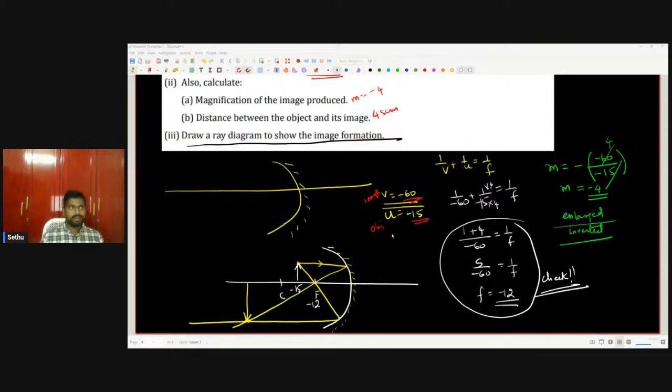I'm assuming that this part is also clear. Most of you have given right answers. Very good. So once again, remember the key ideas. U, V, F are all to be treated like coordinates. You need not write it explicitly in the paper that they are coordinates, but think of them as coordinates so that you don't mess up the plus minus sign. I'm using a simple Cartesian sign convention.